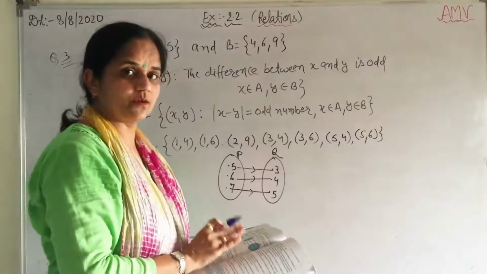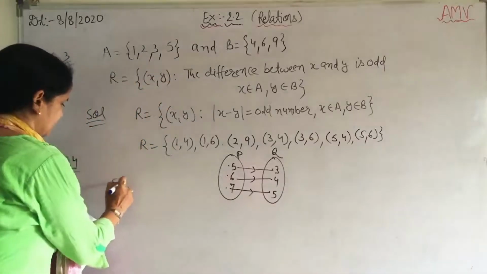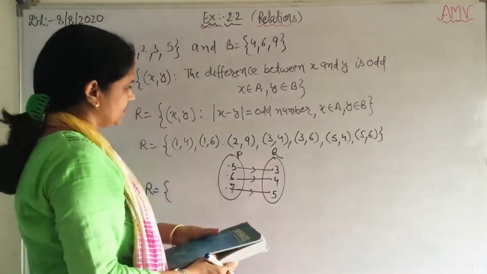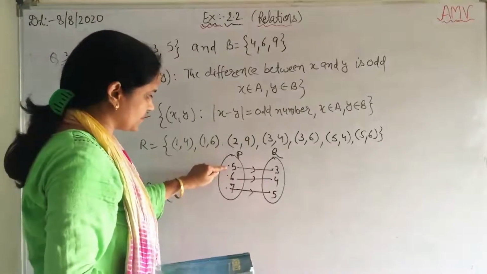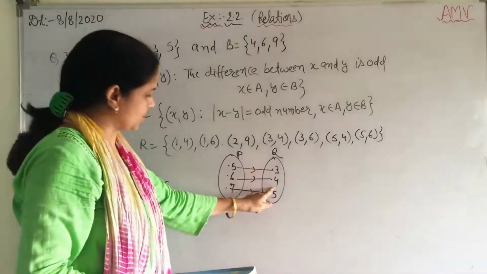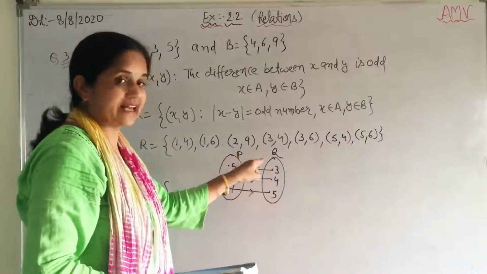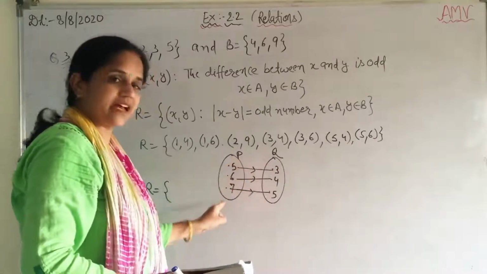What is its domain and range? So first of all, we write the relation. Now see, the relation is from P to Q. Here P is 5, so 5 is related to 3, 6 is related to 4, 7 is related to 5. It means this element is 2 less than these elements.